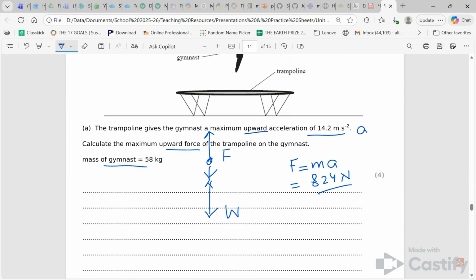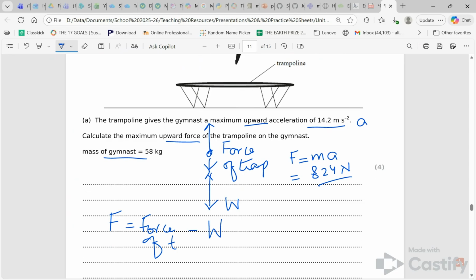Now, the weight is acting downward and the force of the trampoline, I'll just call it force of trampoline because I'm using F for the resultant force, is upward, and the resultant force is also upward. It means the resultant force is equal to the upward force of the trampoline minus the downward weight.